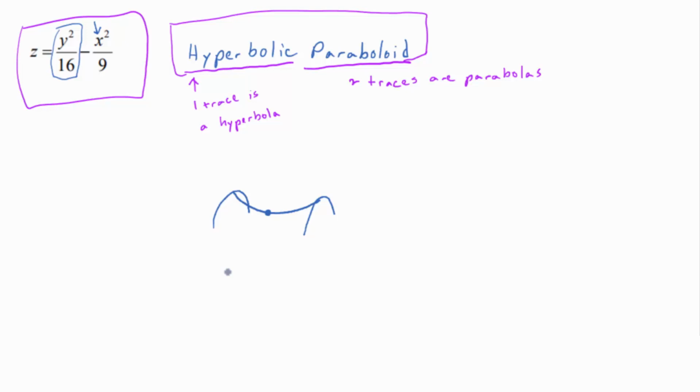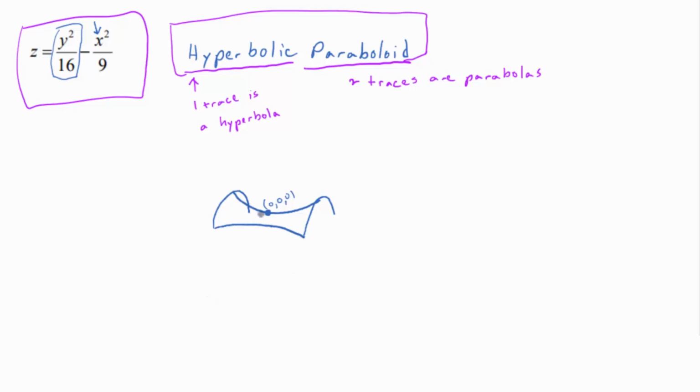And then there'll be a trace. I'm going to think of z as being a negative number. It's easier to go down below 0, 0, 0 to picture this. A trace down here in a plane parallel with the xy plane where z equals a negative constant. You'll get not parabolas, but hyperbolas.